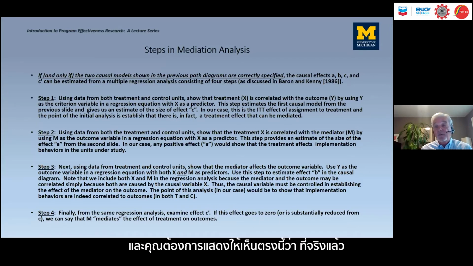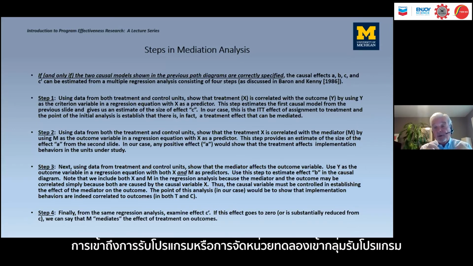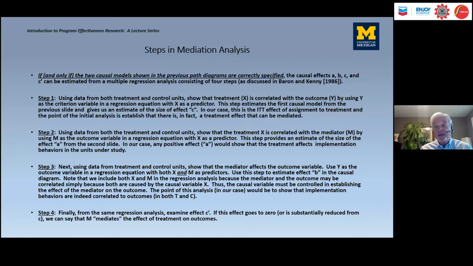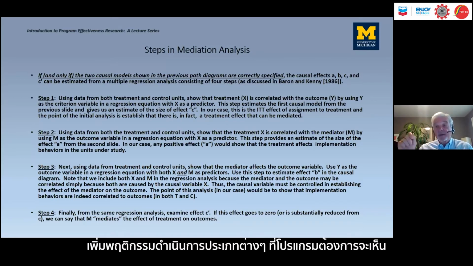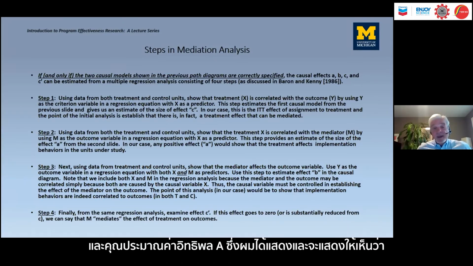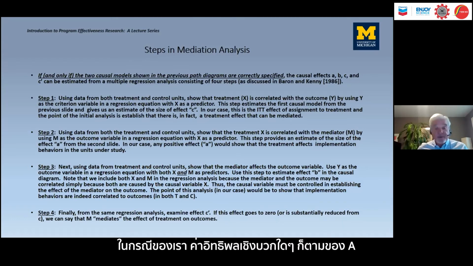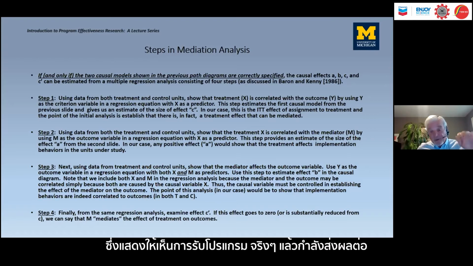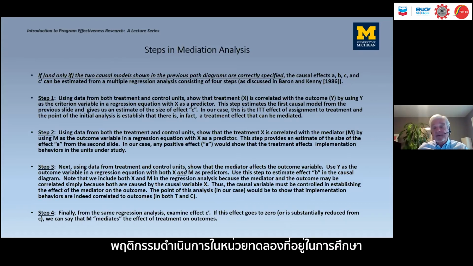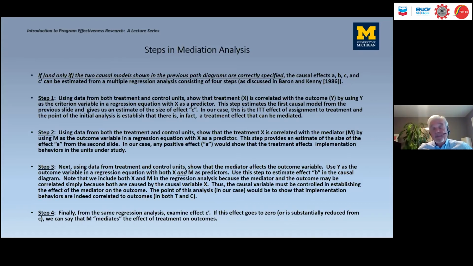You want to show here that exposure to treatment or assignment to treatment increases the kinds of implementation behaviors that a program wants to see. You estimate the effect A that I showed, and in our case any positive effect of A would show that the treatment is affecting implementation behaviors in the units under study.